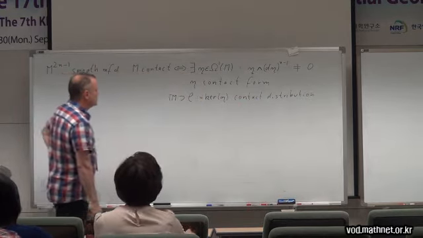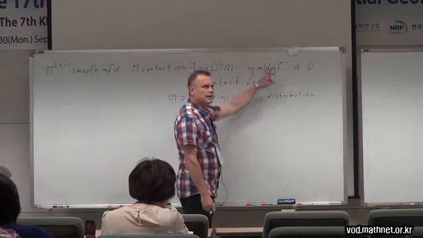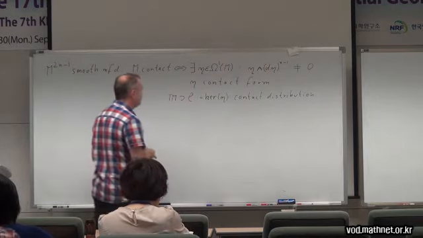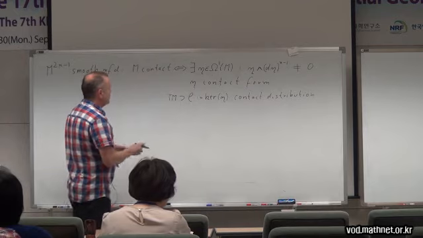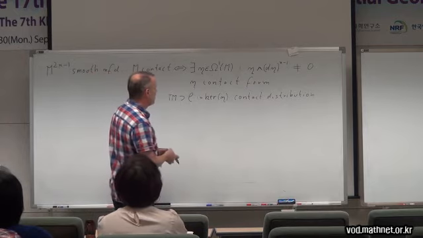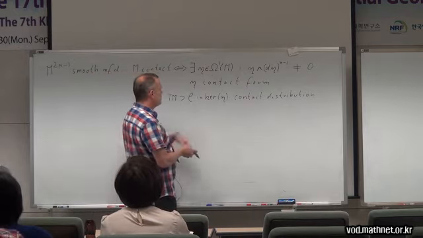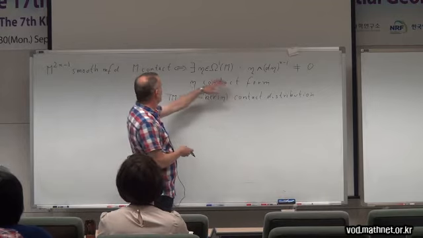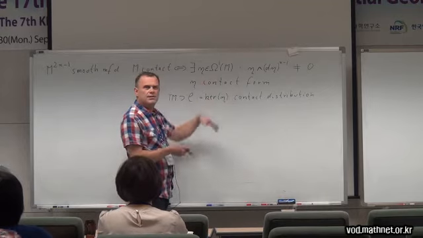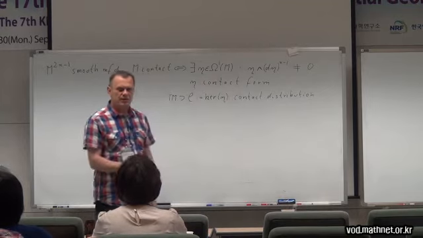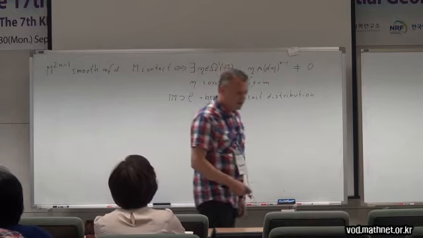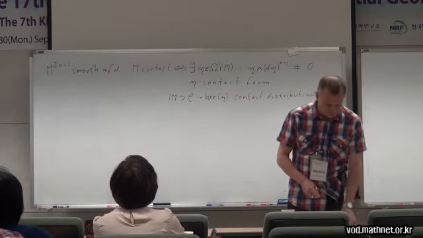And this condition geometrically means that somehow the maximal dimension of integral manifolds to this contact distribution is just n minus 1. So this contact distribution is very far away from being integrable.